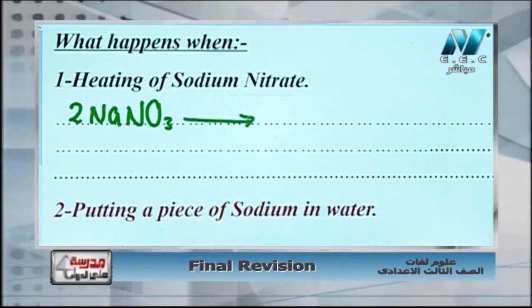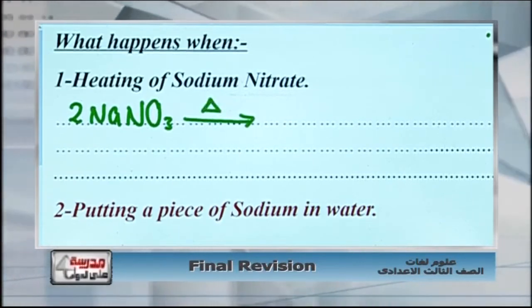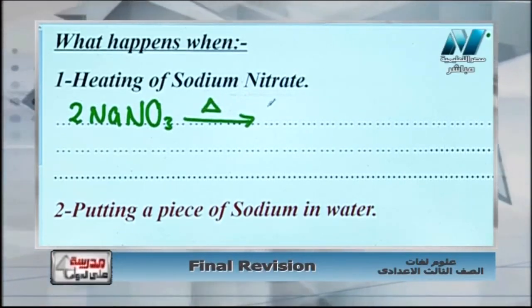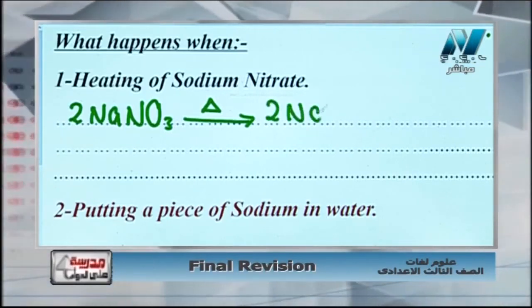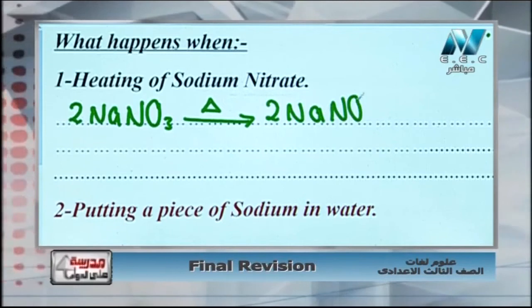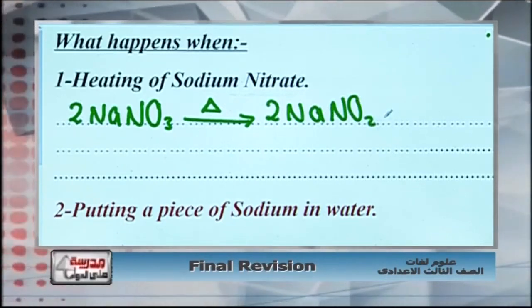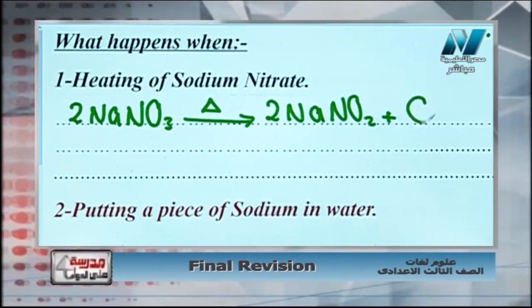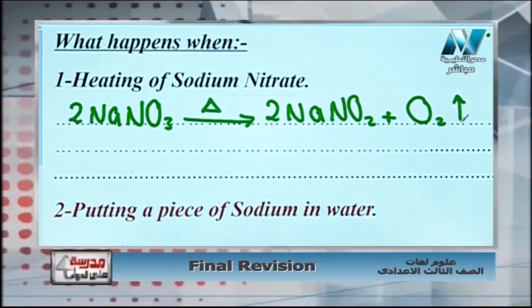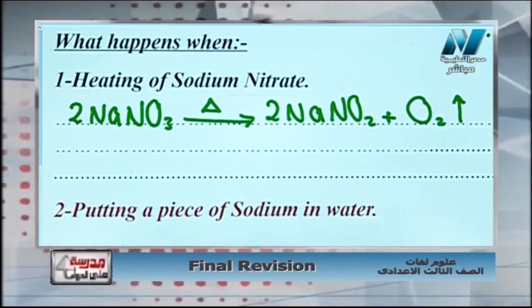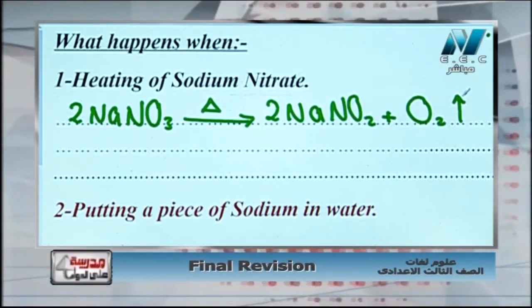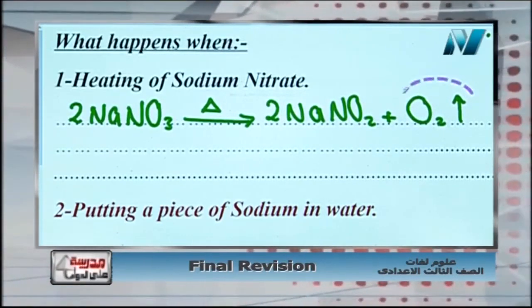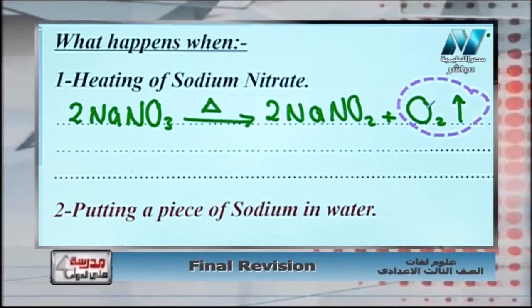Heating, so here we have triangle represents heating, forming what? By heating, yes, 2NaNO2 sodium nitrite plus O2 oxygen gas evolves. We know sodium is the monster, وحش. Take all oxygen and only let O2 to evolve.